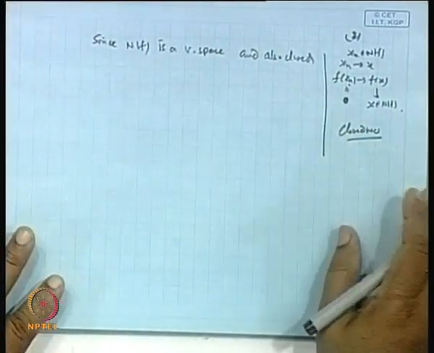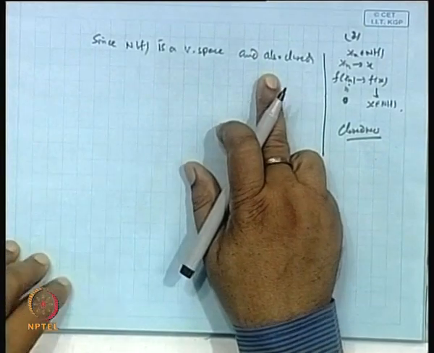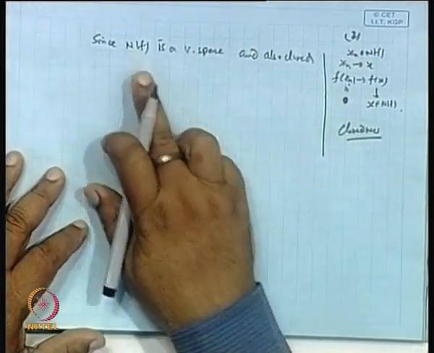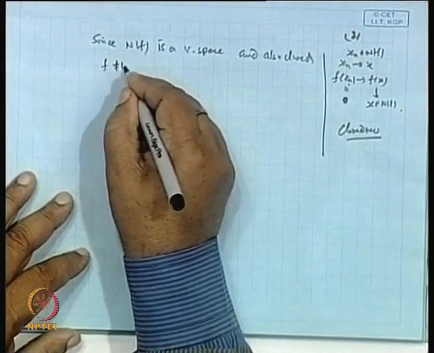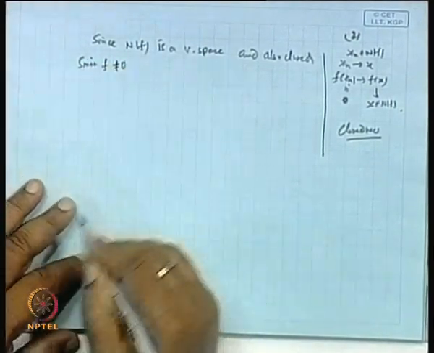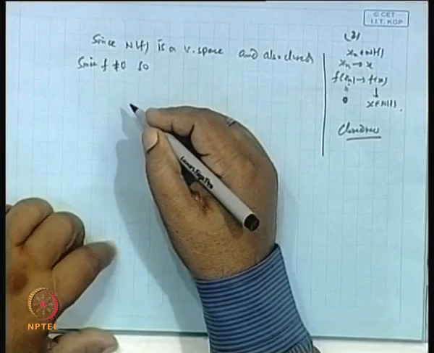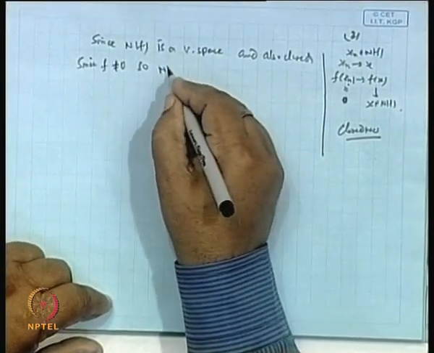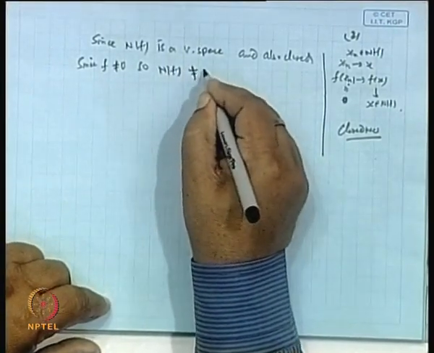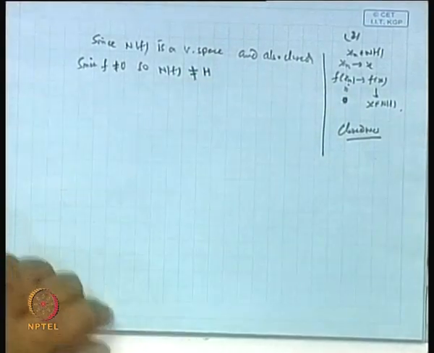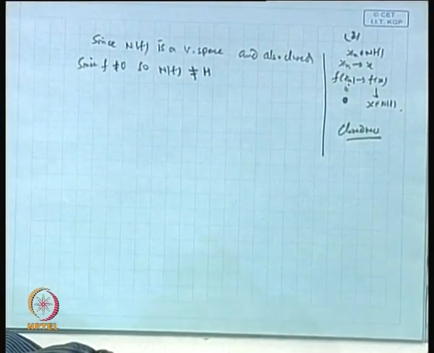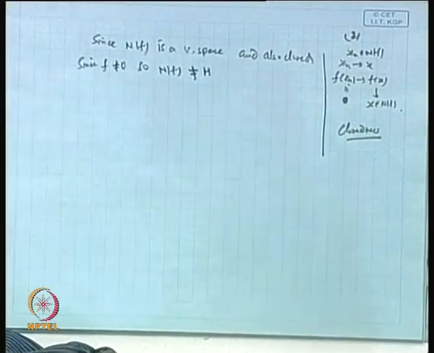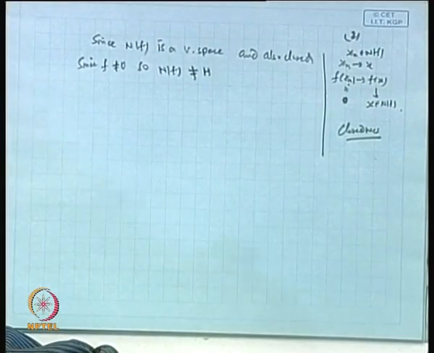Okay. So, N_f is closed as well as a null space, and f is not equal to 0. So, the null space N_f will be different from H. Why? N_f will not be equal to H, that is, the entire Hilbert space will not be the null space.